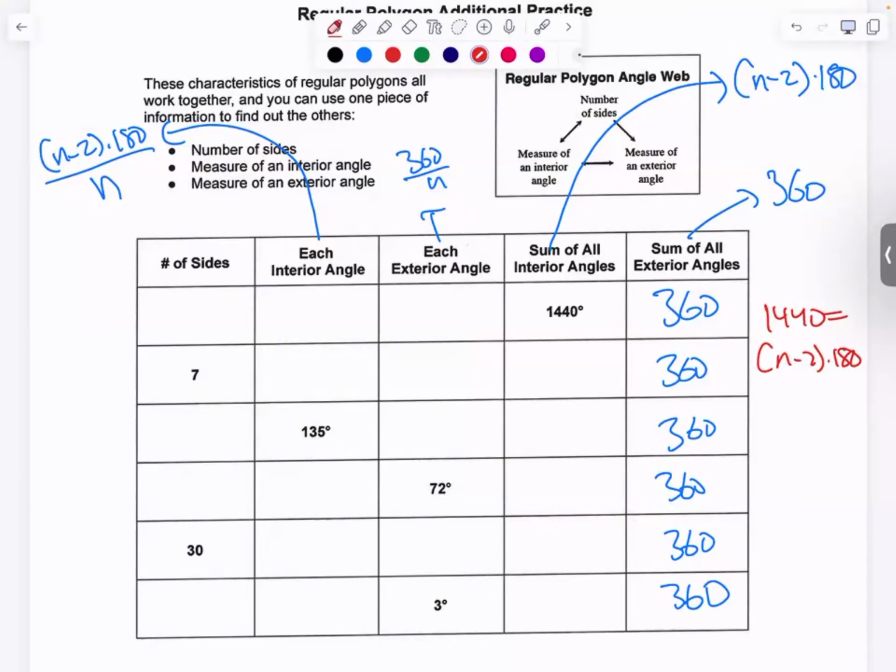So I'll use my calculator. 1440 divided by 180, add 2, should be 10 sides. Okay, if that's true, then what's each exterior angle, guys? If you have 10 sides, 36. Good. See, now it's smooth. What's each interior angle? Boom. Got it.